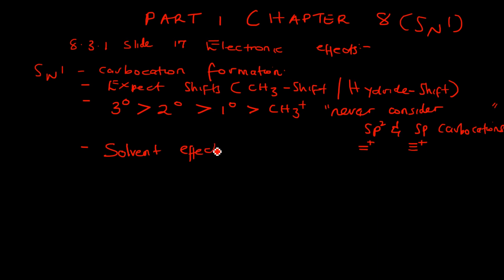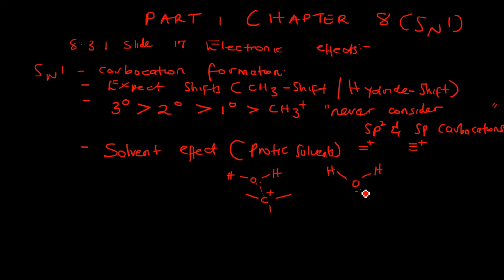The other point we talked about last time is that under solvent effect, you want protic solvents. Why? For two reasons. The protic solvent will use its lone pair to stabilize a carbocation. The protic solvent will also keep away the leaving group.